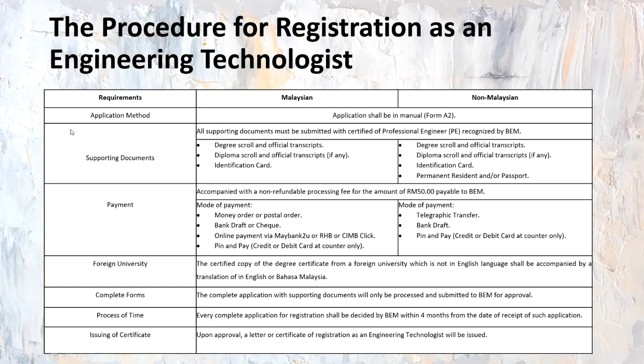Secondly, for registration, supporting documents are needed. All supporting documents must be submitted with certification by Professional Engineers (PE) recognized by BEM, for Malaysian and also non-Malaysian. The supporting documents needed for Malaysian are firstly degree scroll or official transcript, diploma scroll and official transcript if any, and lastly identification card.